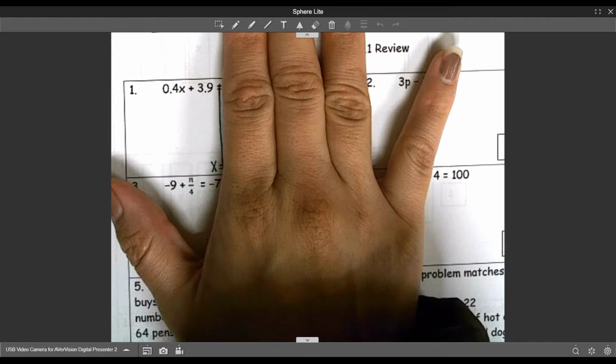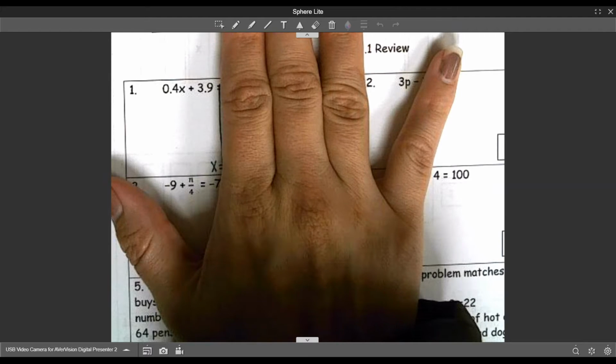Yes, we're going to get rid of 3.9. Now, how do we get rid of 3.9? What is the inverse or the opposite of a positive 3.9? Yes, the opposite would be minus 3.9.